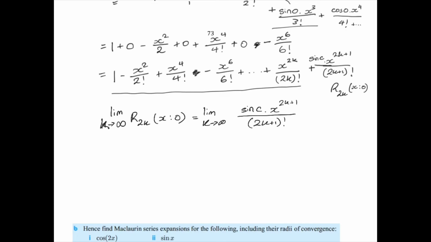That sine c is annoying. Sine c is between negative 1 and 1, so therefore this limit is less than or equal to, if we substitute 1 for it, the highest bound.